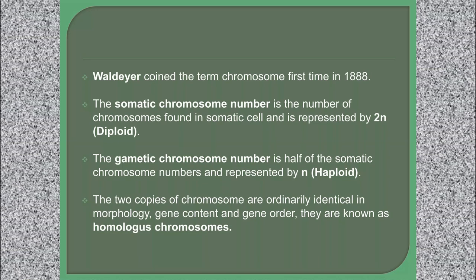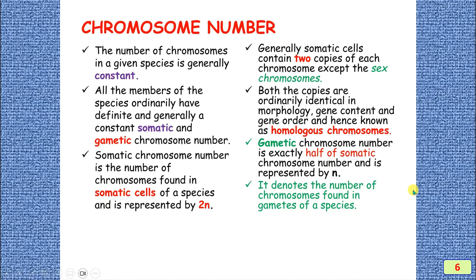It's also called haploid. The two basic copies of the chromosomes are usually identical in morphology, gene content, and gene order, and they are known as homologous chromosomes. The chromosome number is constant or fixed in a defined species.